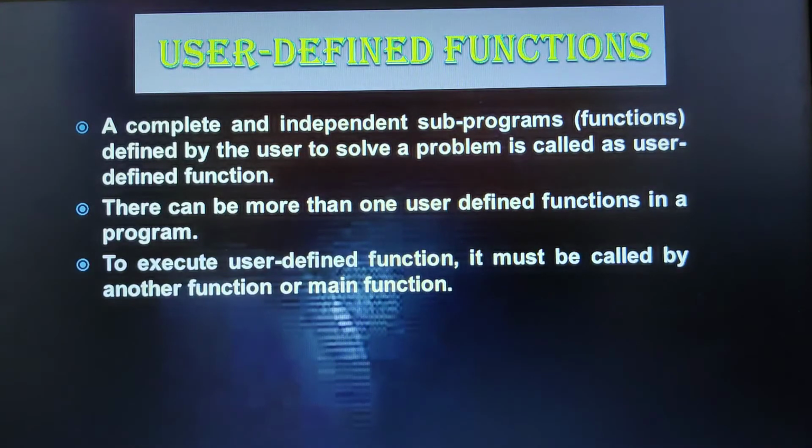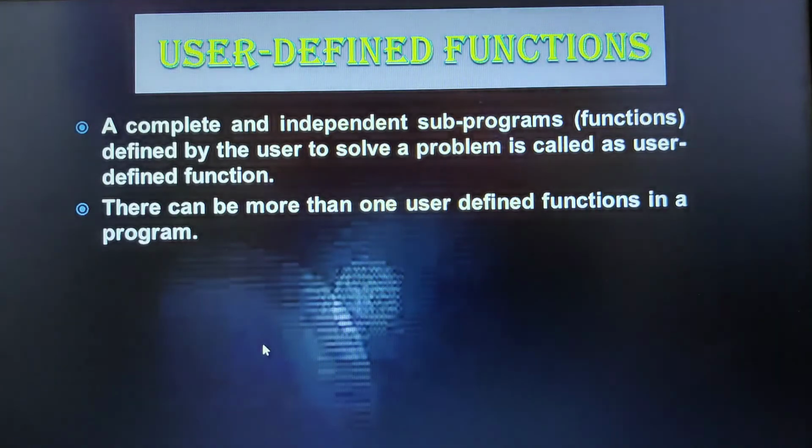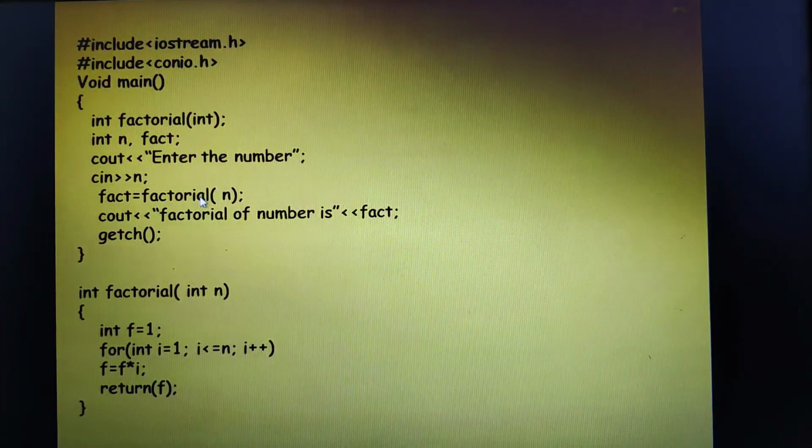Then to execute user-defined functions, they must be called by another function or the main function. See, until and unless you make a function call, the subprograms or the sub functions will never get executed. So we should make a function call from the main function or any other function. Then only those series of statements would be executed. Like in our programming example here, children, we made a function call.